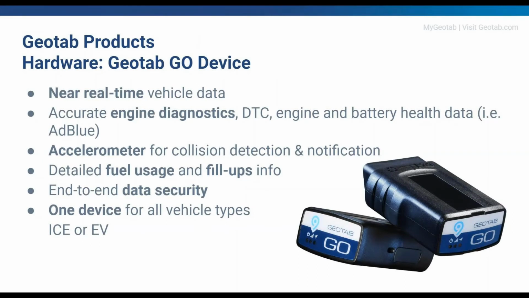So that leads me nicely onto the hardware. As I'm sure you're all aware, we use the Go 9 device, or the Geotab Go device, which is a great OBD-based device which can be attached to virtually any vehicle using a harness. That might be directly to the OBD port, that could be through an adapter which connects to another port, or if it's on plant construction equipment or anything like that, we have harnesses which allow a 3-wire connection.